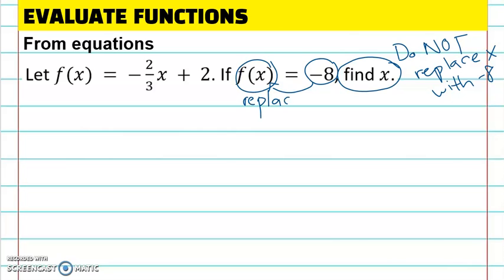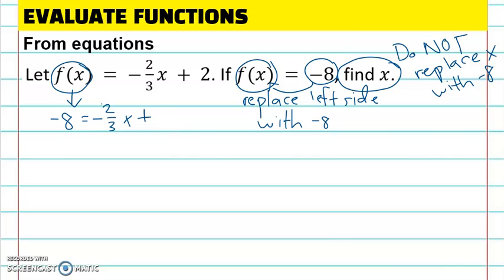So I'm going to tell myself again, replace the left side with -8. So f(x) comes out, -8 goes in, equals -2/3 times x + 2.